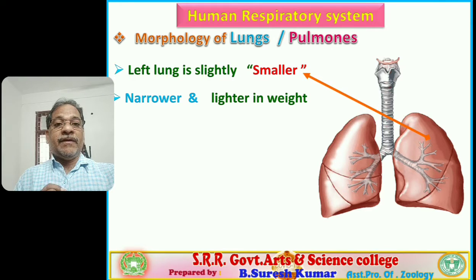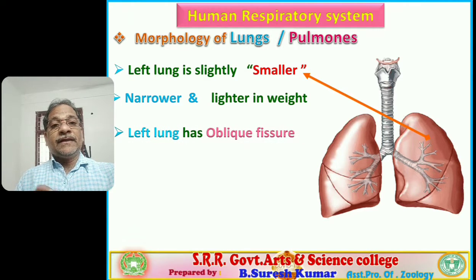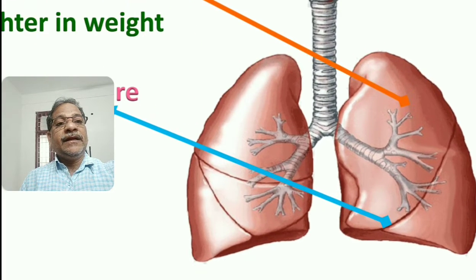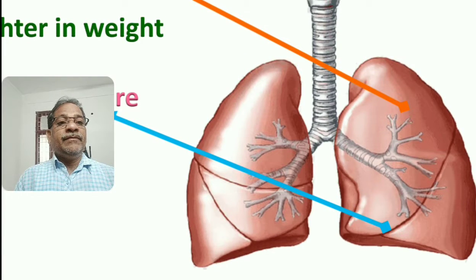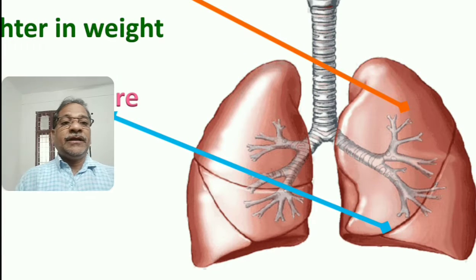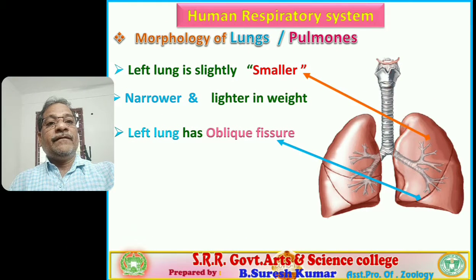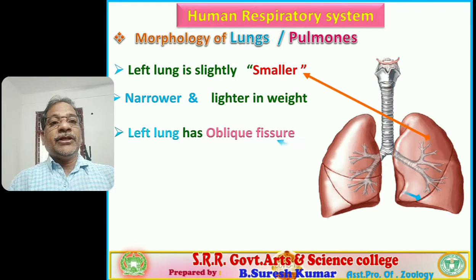Remember, it is narrower and lighter in weight comparatively with the right lung. The left lung has a groove, a fissure, the oblique fissure. You observe the left lung is externally divided by a deep groove called a fissure. The fissure is named the oblique fissure. So the left lung has an oblique fissure.